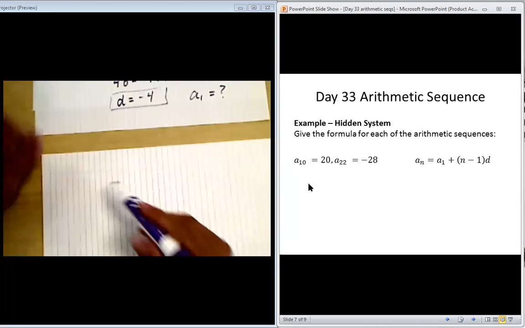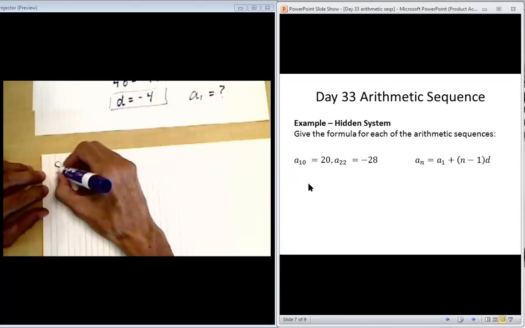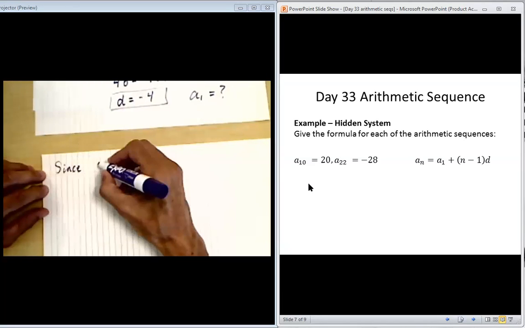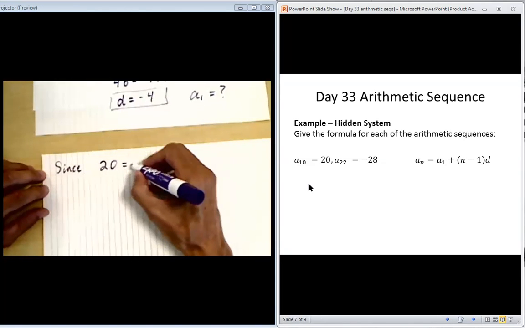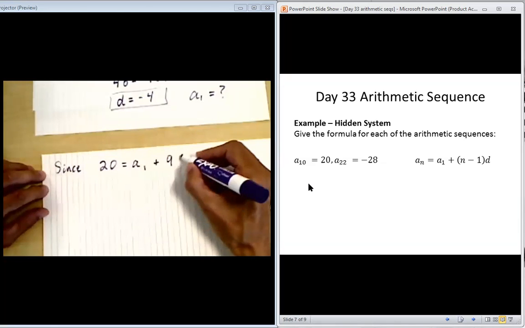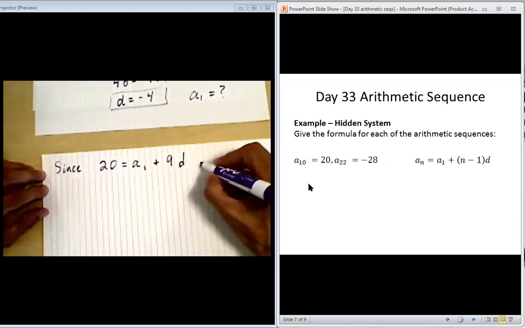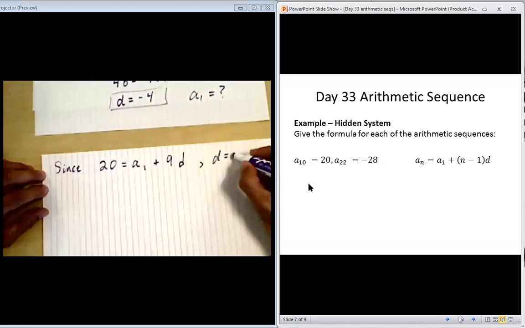Okay, so since we had 20 is equal to a1 plus 9d, and since we solved that d is equal to -4, now we can figure out what a1 is.